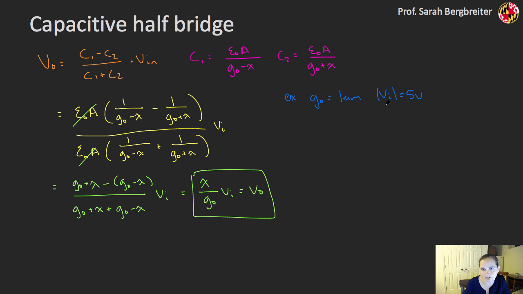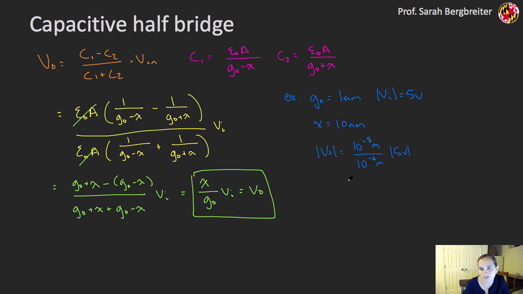Say I have an amplitude of my Vin of 5 volts, then for a displacement of let's say 10 nanometers, I'd get a Vout amplitude equal to 10 to the minus 8 meters divided by 10 to the minus 6 meters times that 5 volts.